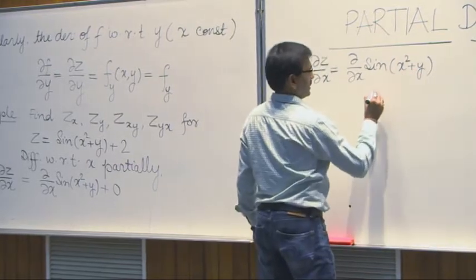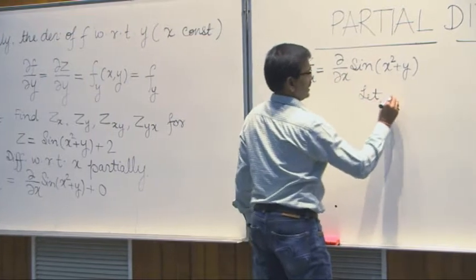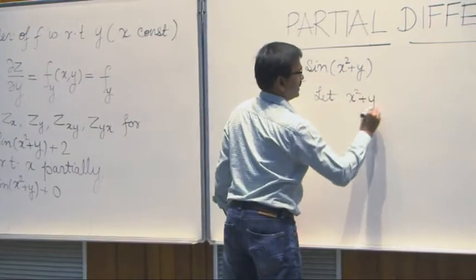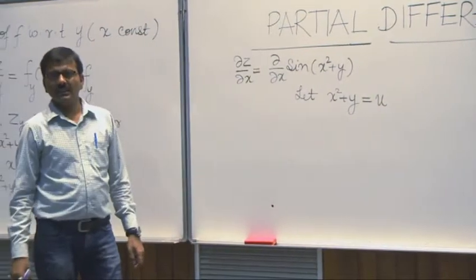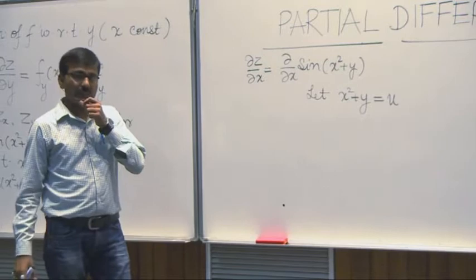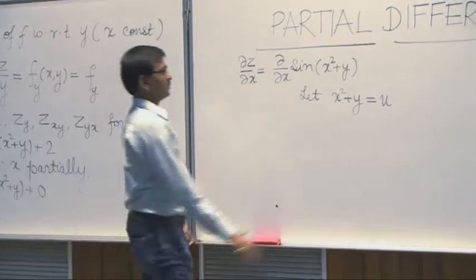So if we let x square plus y equal to u, one new variable we assign, x square plus y is equal to u. Okay?